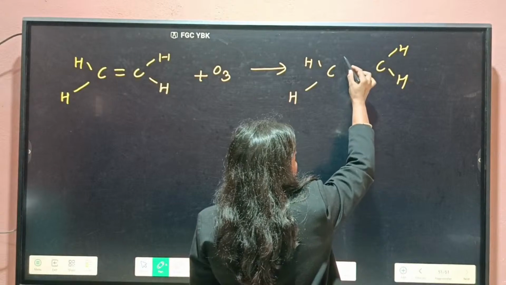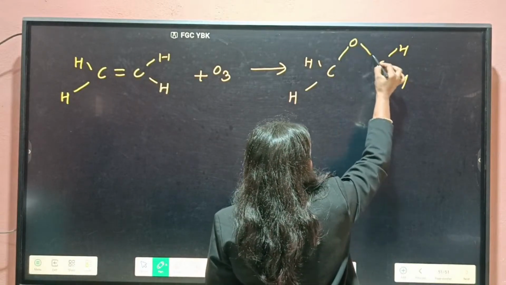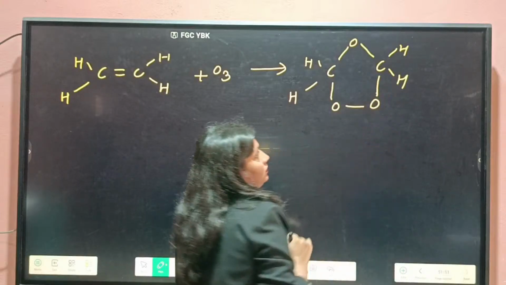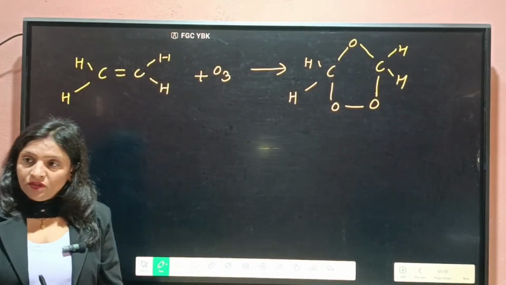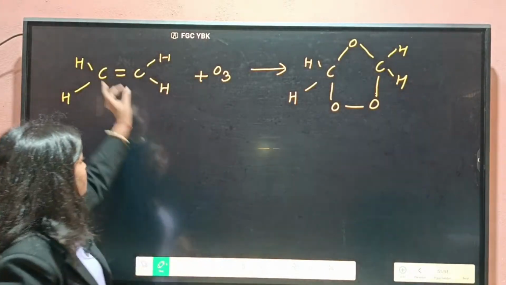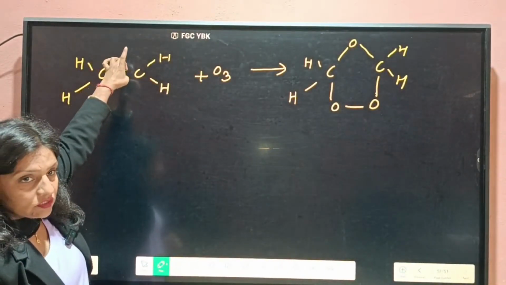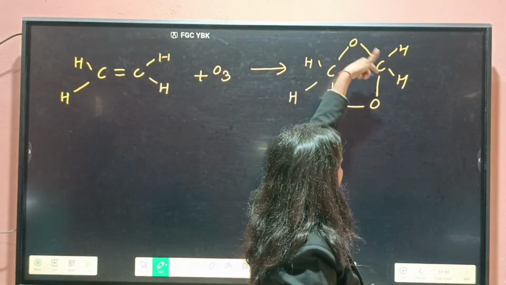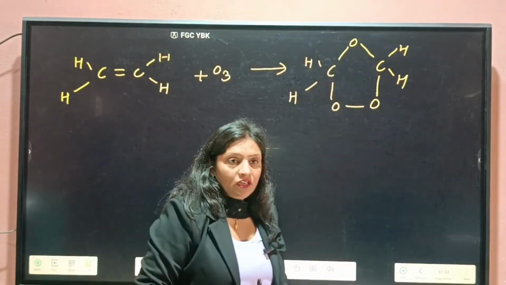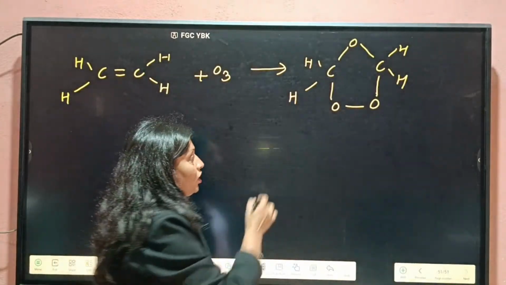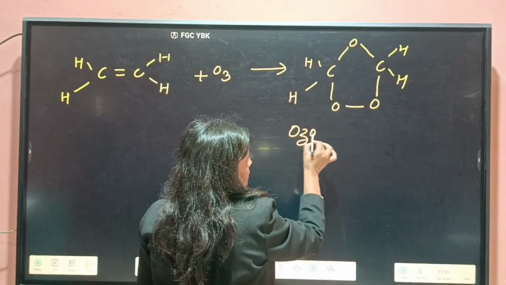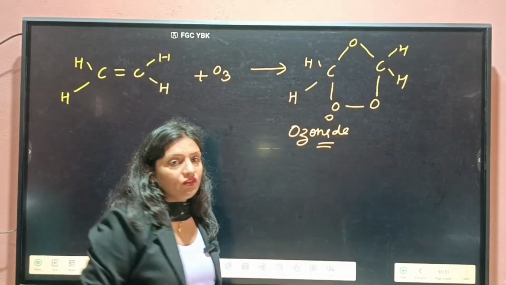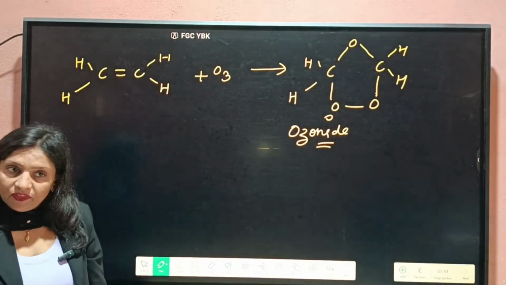This bond breaks, it forms bond with oxygens. In this way. Simply you can write, break these two bonds. And O3 makes bond with this one. In this way. Clear or not? This is the ozonide. Ozonide formation takes place. Clear?